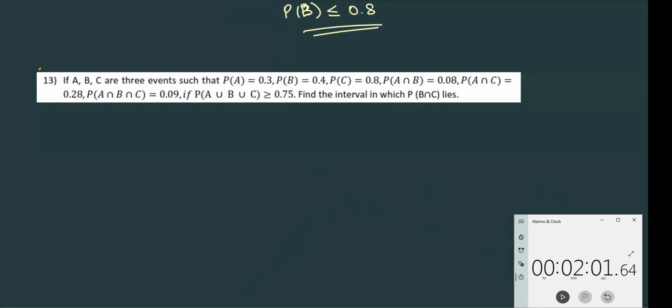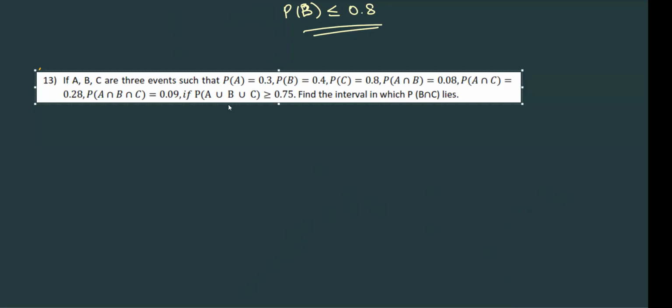Why none of you are able to do this? Very simple. P of A union B union C is greater than 0.75, but it has to be less than 1. Correct.